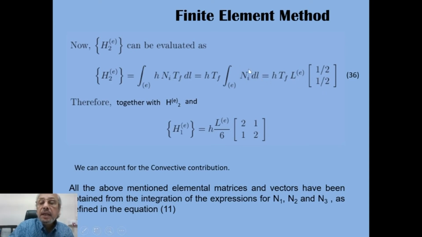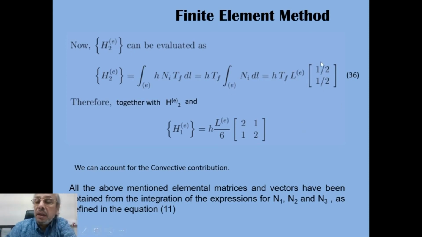Basically for the evaluation of Ni, when we integrate Ni dl, again Gaussian quadrature philosophy has to be followed, just like what we did for the earlier term, and we have seen there the final quantity becomes twice the area of the line element divided by 4 times the area of the triangular element, 2a by 4a, that is half and half.